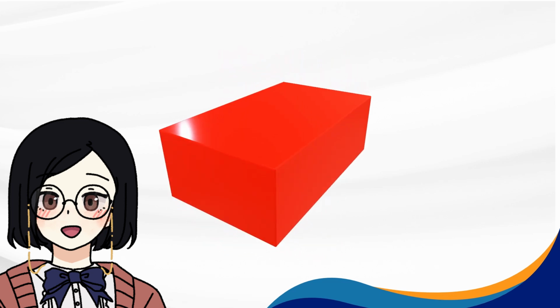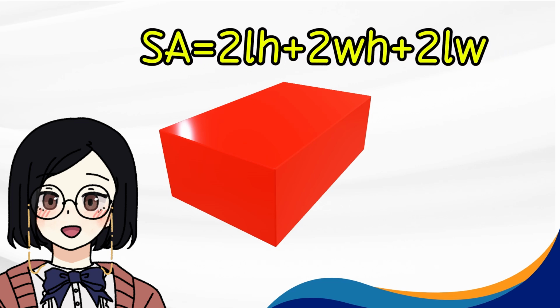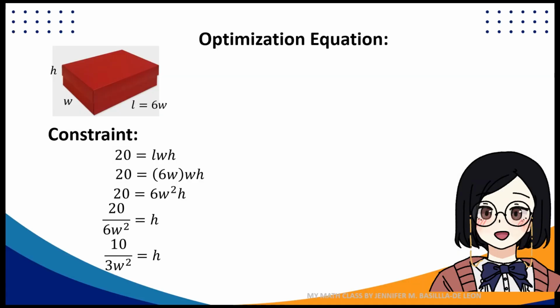Using the formula for the surface area for a rectangular prism times the material cost, the cost function is given by C equals 3 times the quantity 2L times H plus 2 times W times H, plus 15 times 2 times L times W.